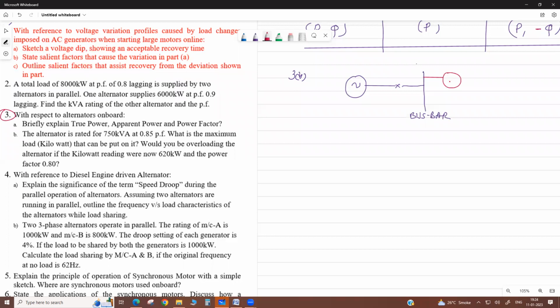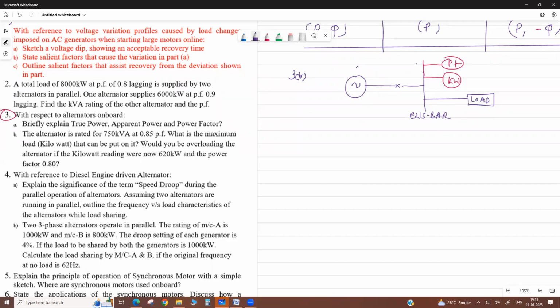Here we measure kilowatt. There is a multifunction meter that measures active, reactive, power factor, everything. Or you may have a kilowatt meter and a power factor meter. Then there is a load connected on this bus bar. This is your load.